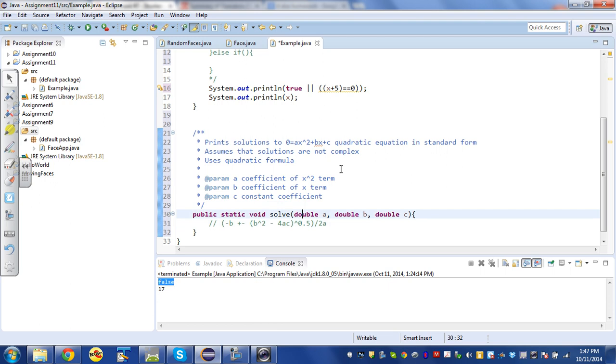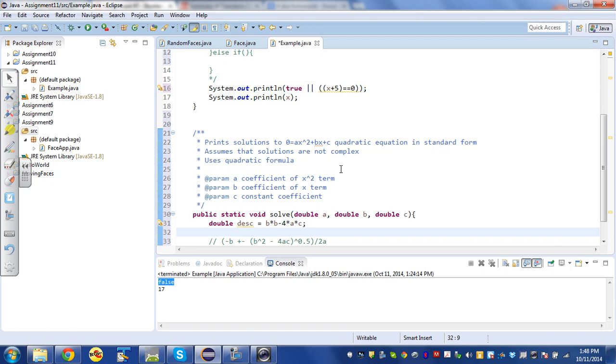And I was hoping that you would do something like, oh, I don't know, double. Let's calculate the discriminant, and the discriminant is b squared minus 4 times a times c.